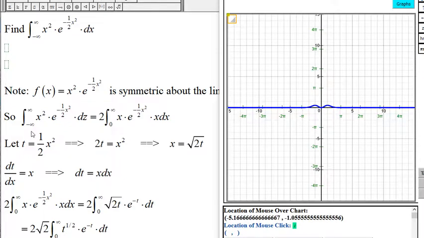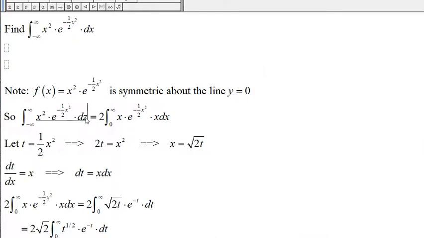So the integral from negative infinity to positive infinity will be 2 times the integral from 0 to infinity, and the x squared we can write as x times x dx.